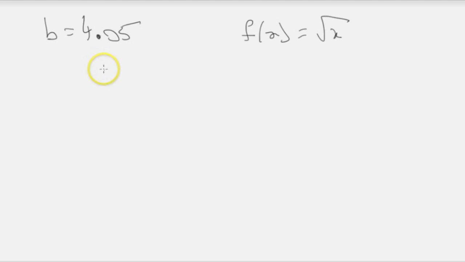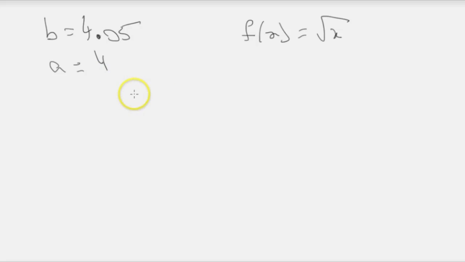It needs to be as close to b as we can possibly get, and we also need to be able to compute what that is in the function. So we need a value of a for which we know the square root, and that's close to 4.05. Well, 4, I think, is the best value. It's only 0.05 away from 4.05, and we know that the square root of 4 is 2, so we will have our a value be 4.